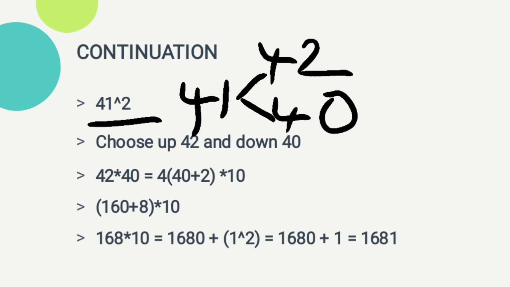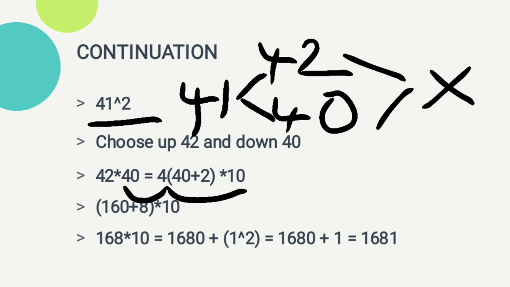Now, multiply 42 and 40. 40 is 4 into 10. And 42 is 40 plus 2. And then open the brackets. 4 into 40 is 160 and 4 into 2 is 8.